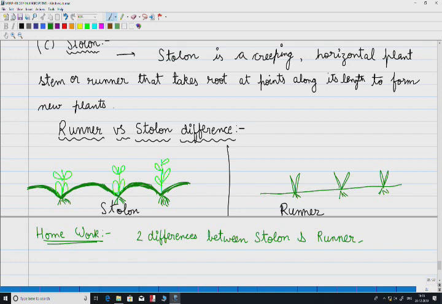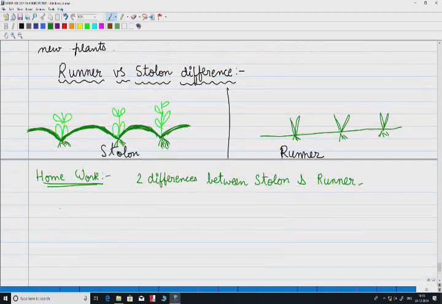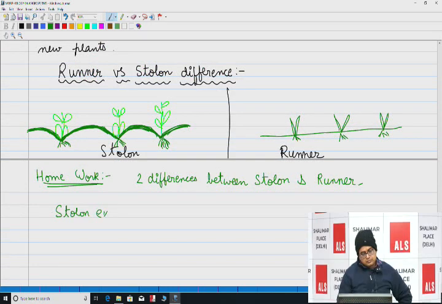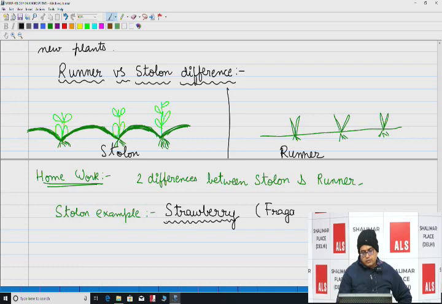Okay, example of stolon. Fragaria, that is strawberry.